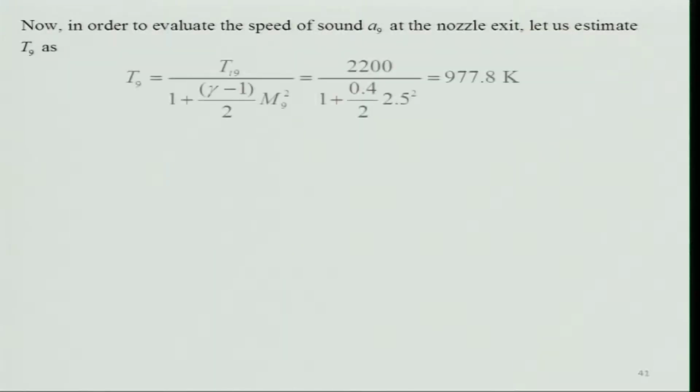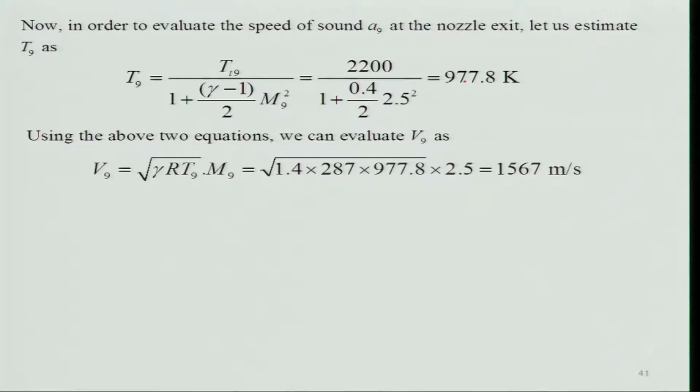Now in order to evaluate speed of sound, A9, I need to find out T9. T9 you can find out by this relation, and you will get that it happens to be 977.8 Kelvin. So having two equations, we can evaluate V9.